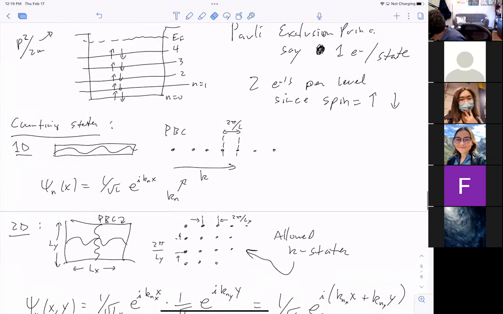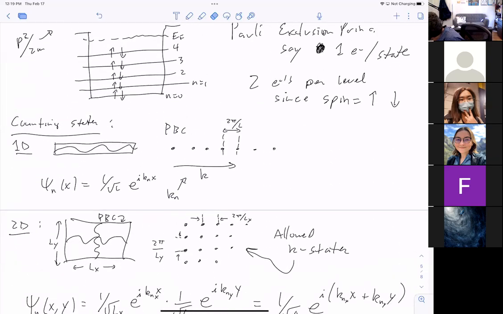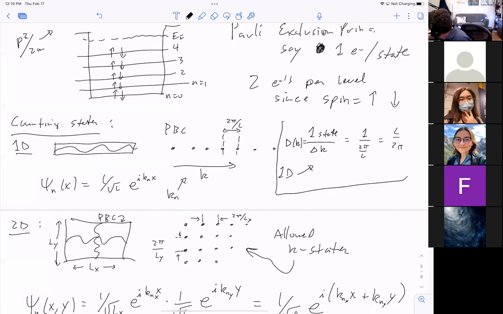Remember back to the 1-dimensional picture, we have one state per delta K, which is 1 over 2 pi over L, equal to L over 2 pi. And so the density of states in K space is 1 state per delta K, L over 2 pi in 1 dimension. Okay, so we've done this before.